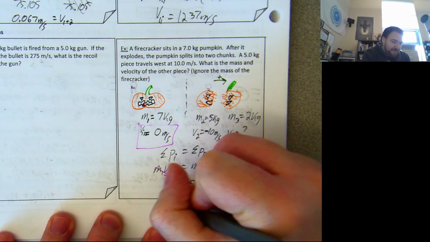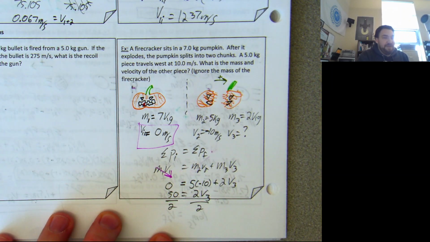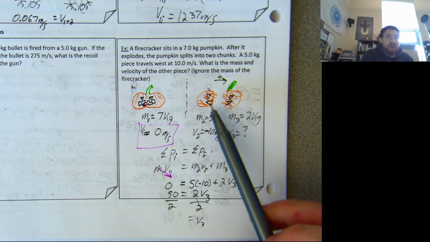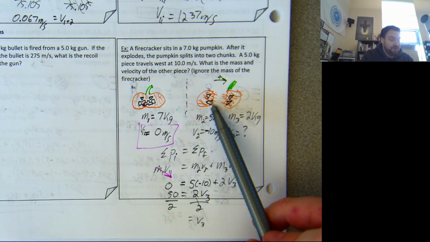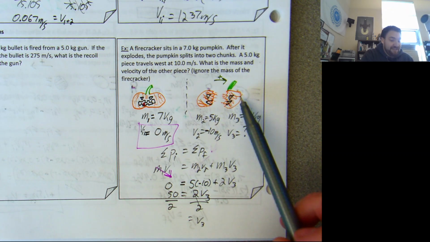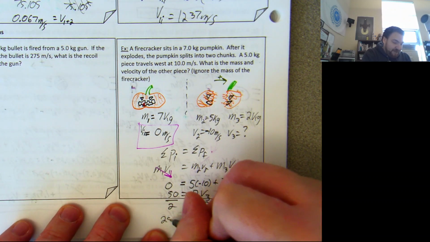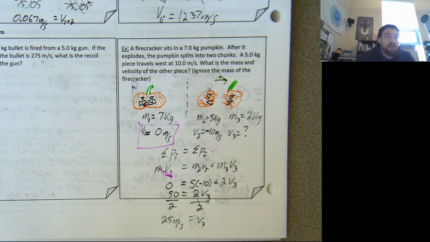Divide both sides by the mass of the other piece of pumpkin, and you get that if this chunk moves left at 10 meters per second, this lighter piece actually has to move to the right at 25 meters per second. That was quite the explosive. You've accelerated a 2 kilogram piece of pumpkin to right around 100 kilometers per hour, which is pretty wild.